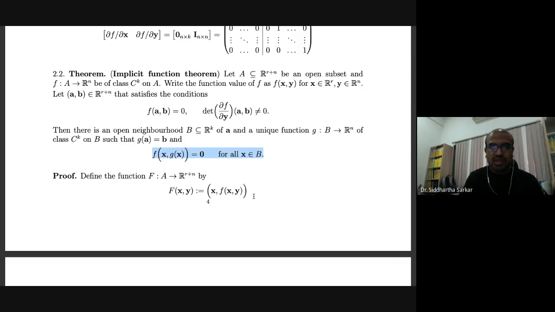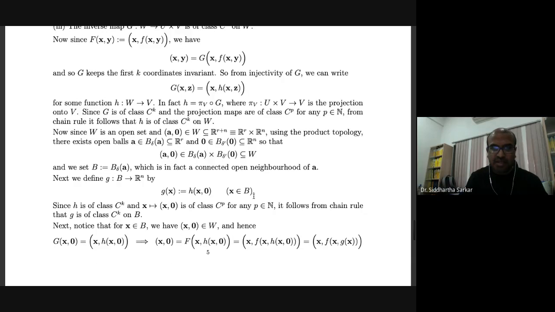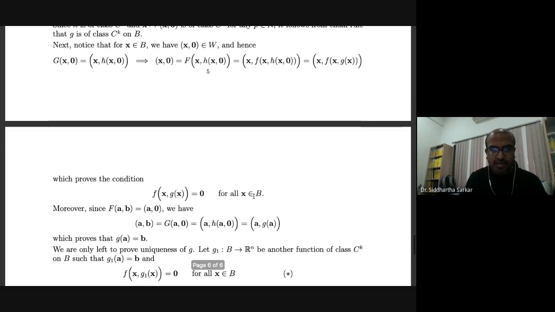Now g(a) equal to b again comes almost from the definition. I know F(a, b) is (a, 0) because of the definition of capital F. So (a, b) should be G(a, 0), and G(a, 0), the way I defined h, is the same as (a, h(a, 0)). And my definition of h is that h(a, 0) must be equal to g(a).